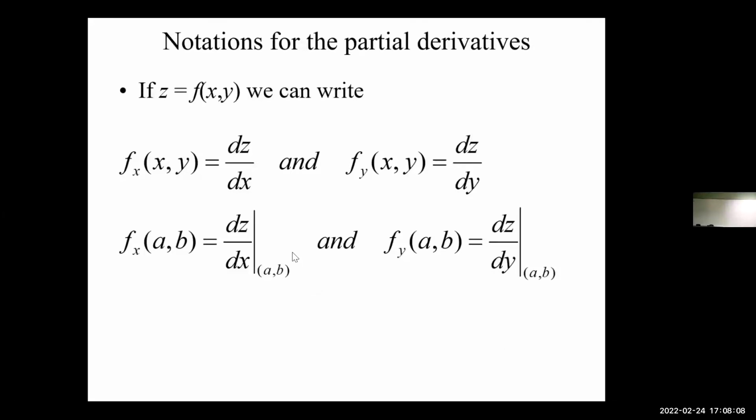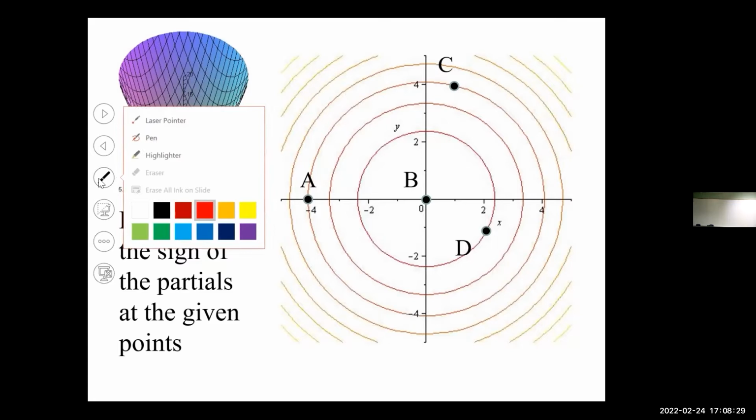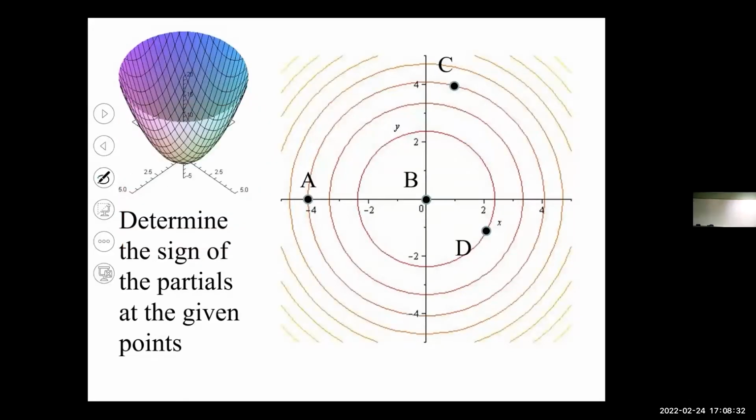Okay, let's think about what we know about contour plots and figure out what the signs of our partials are at each point, okay? This is going to start to get us the exercise of moving in one direction. So let's start with point A. At point A, remember it's instantaneous.